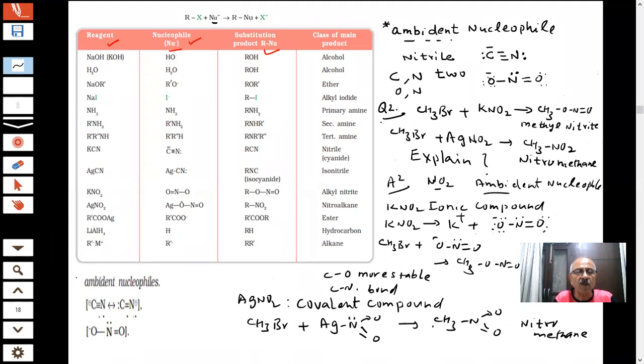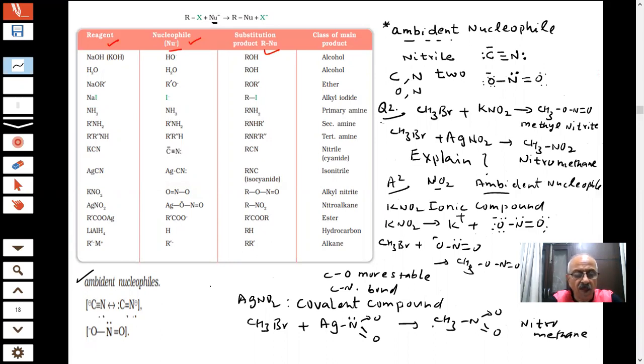So ambident nucleophile, I have told you, will be there in the paper. You have noted down everything. Two minutes to write. Done, now.